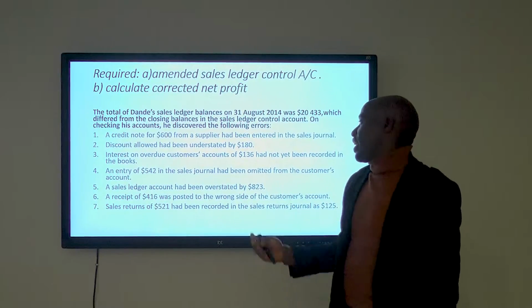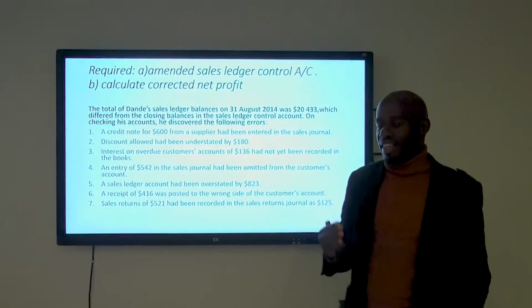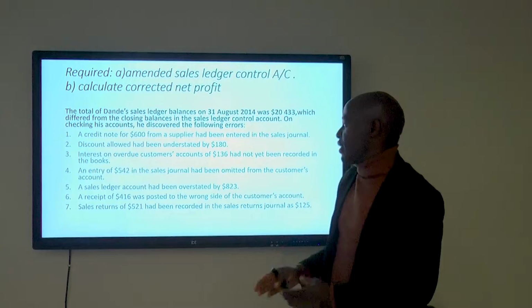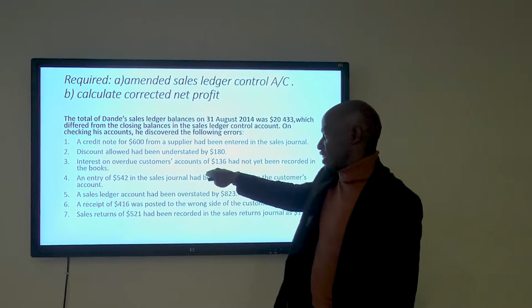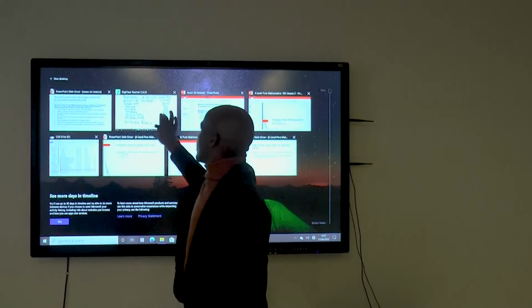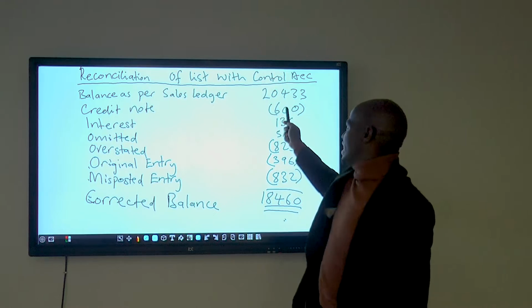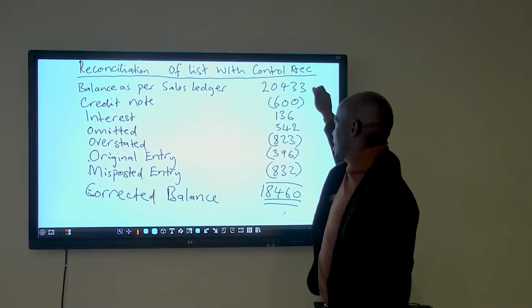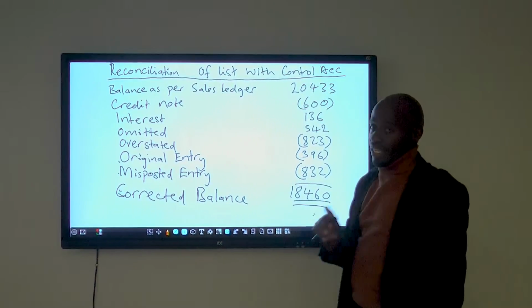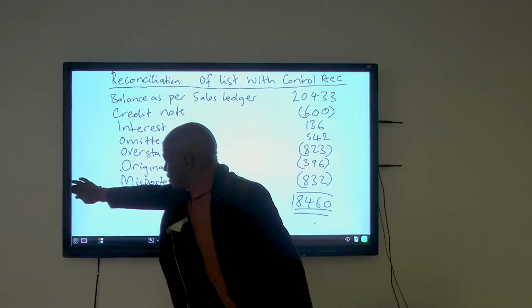Remember we said this is a penalty which is charged over and above the amount that the customer owes to the firm. So we are going to add this interest to the balances that you already have. As you can see, our interest of 136 has been added to our total debtors figure of 20,433. That's what we've done so far. Let's go back to our question.